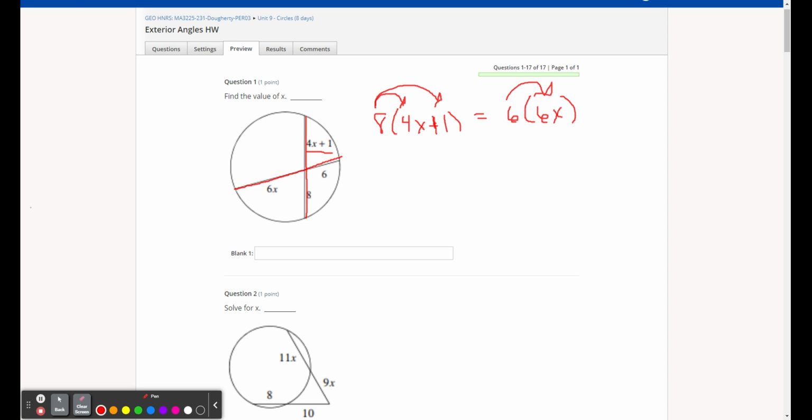It is, yeah. So this is the same. You're going to take this diagonal and multiply these 2 pieces. And then you're going to take this diagonal and you're going to multiply these 2 pieces. So you got to be a little careful here and you got to distribute.